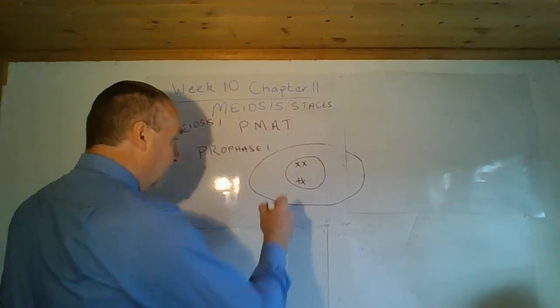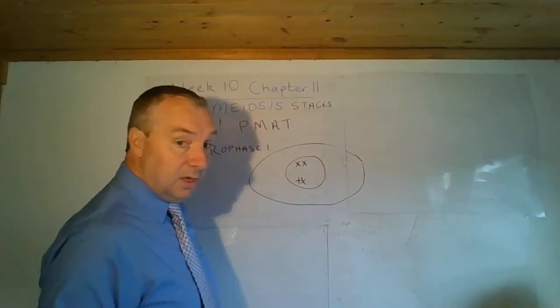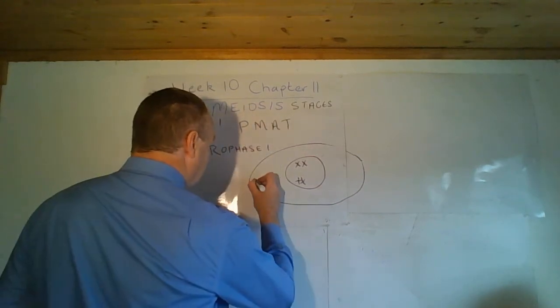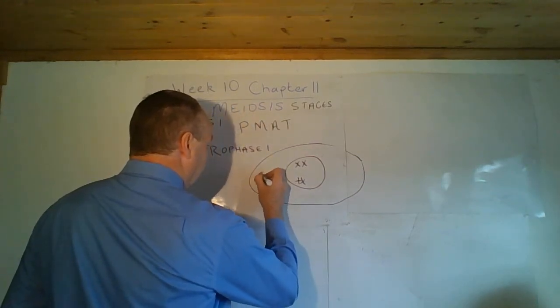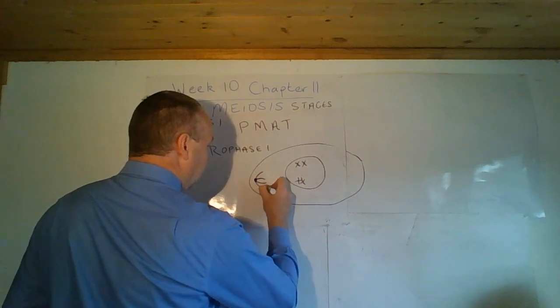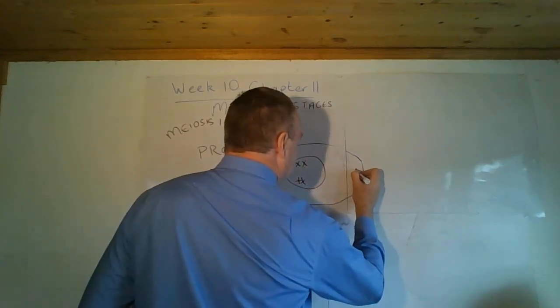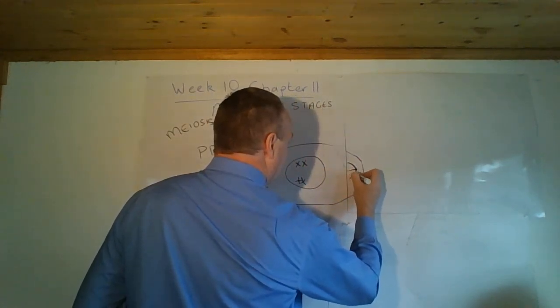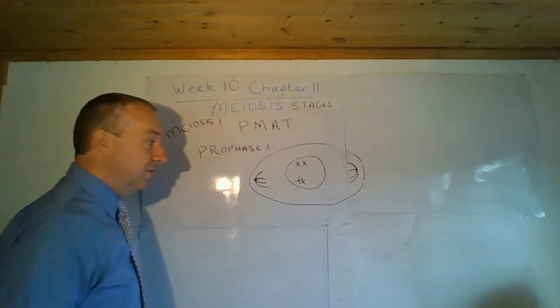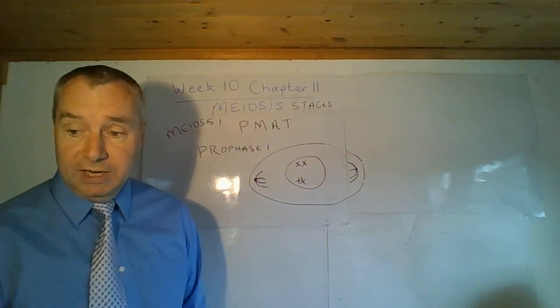We also have the centrioles start to develop spindle fibers through microtubules. So microtubules start to develop, and they're beginning to form the spindle fibers that we'll see later.